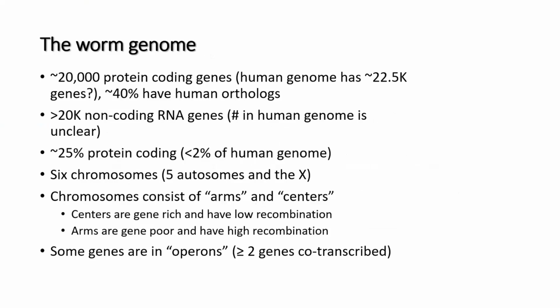So some natural history of the worm genome. There are about 20,000 protein coding genes in the worm genome. People will argue about how many coding genes there are in the human genome, but 22,500 is a number you hear, somewhere between 20 and 30.